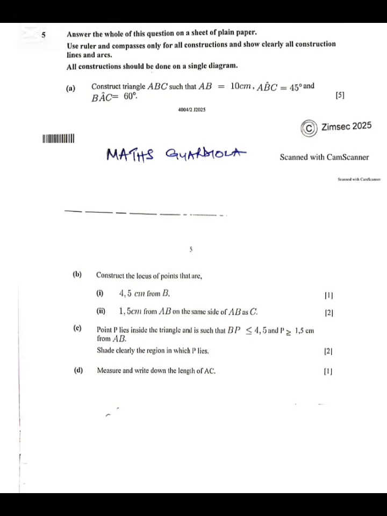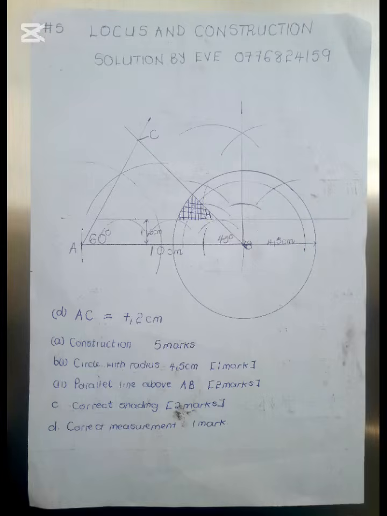And also P is greater than or equal to 1.5 centimeters from AB. So it means that the region that we are going to shade is above 1.5 centimeters. At the same time, it is within the circle and also within the triangle. So the region that is describing that portion is the one that I have shaded.